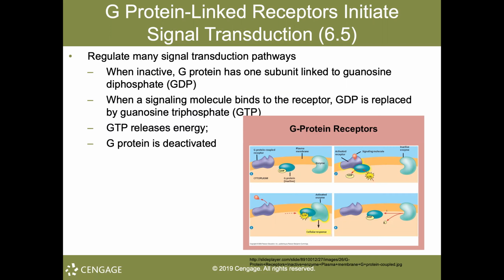Okay, and then finally we talk about the G protein linked receptor and how it initiates signal transduction. So with our G protein linked receptor, or G protein coupled receptor, when it's in its inactive state, there is no ligand bound to the extracellular portion of the receptor.